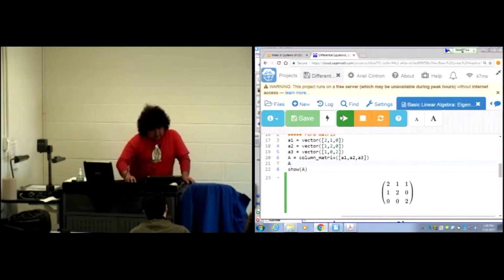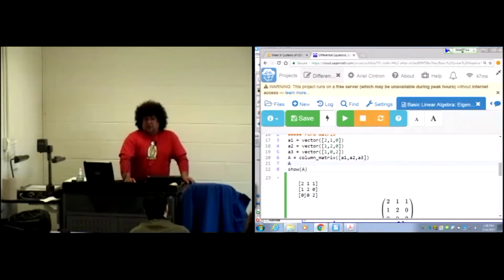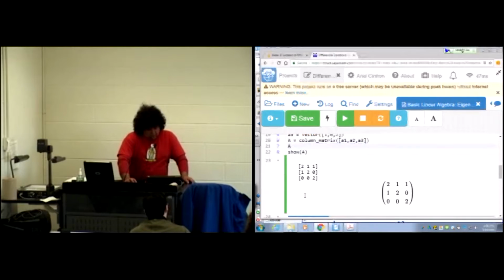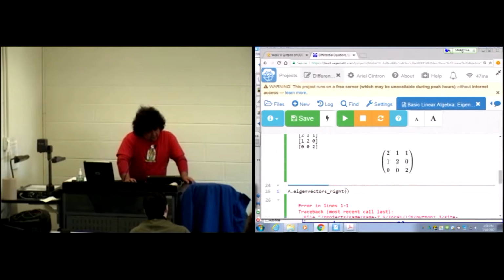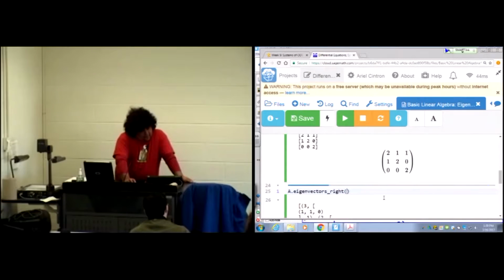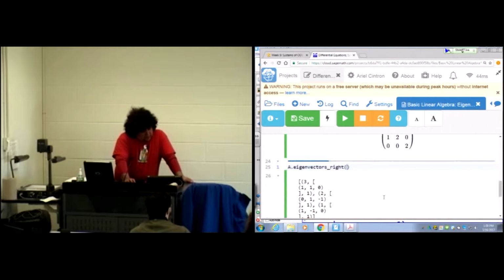In this case, that is A. If you type that variable again, it's going to display the numbers stored in that variable. Here it is doing both, because I'm also having the command show. And now when I use these eigenvectors, then there are no complaints. And so look at here.